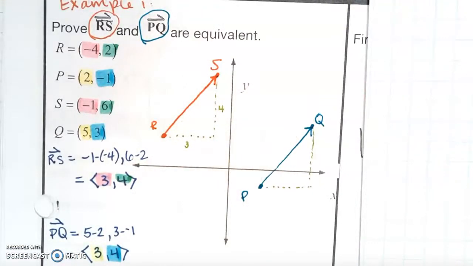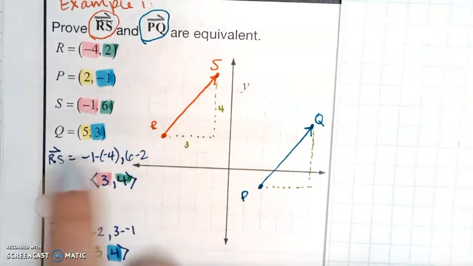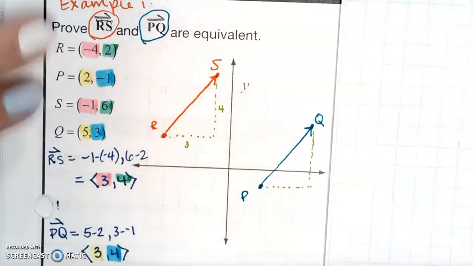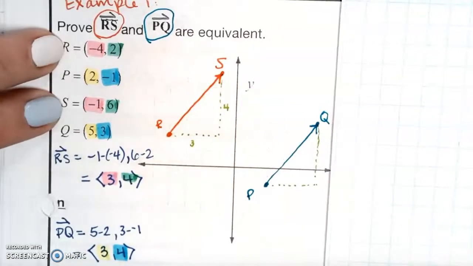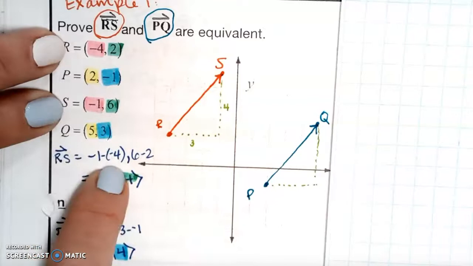All right, so now we want to show that they are equivalent. So we're going to put them into component form. You want to do the terminal minus the initial for each one. For RS, we need to use these 2 points, and we're going to do -1 minus -4.